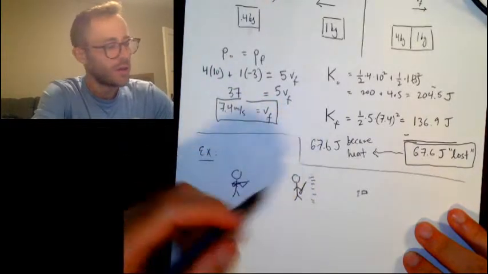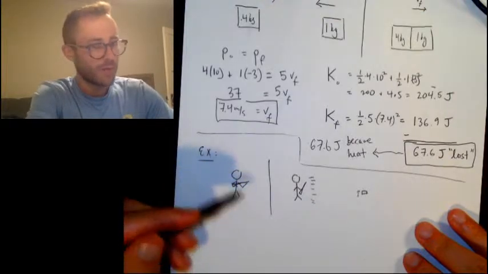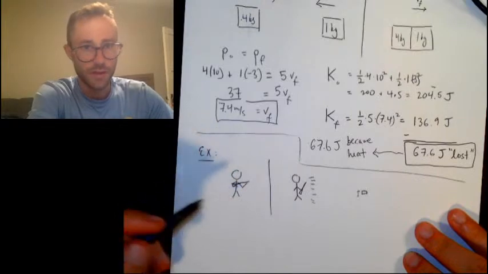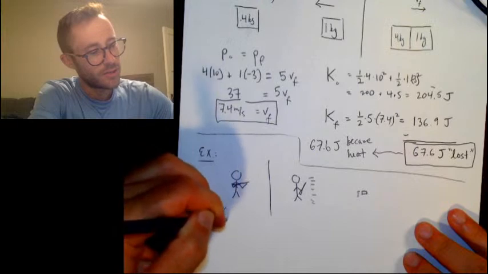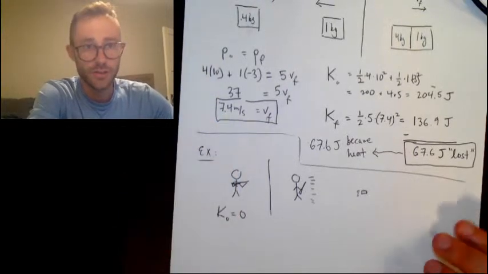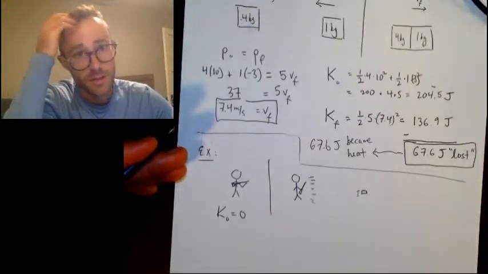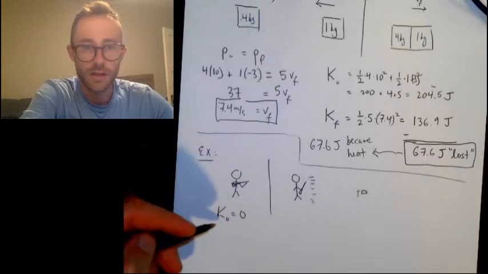Okay, so if we think about it, bullet, rifle, astronaut all start out at rest. So the initial kinetic energy is 0 because kinetic energy is the energy of motion. If there's no motion, then there's not going to be any kinetic energy.